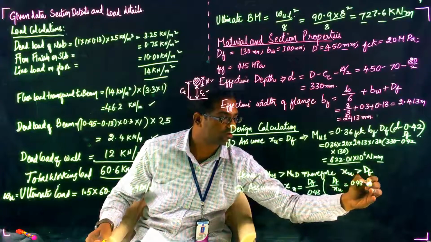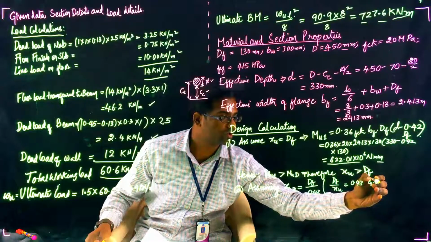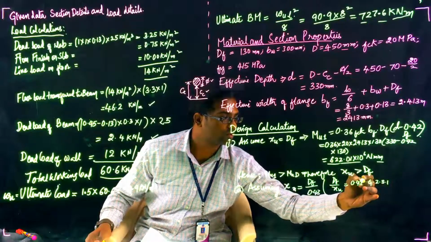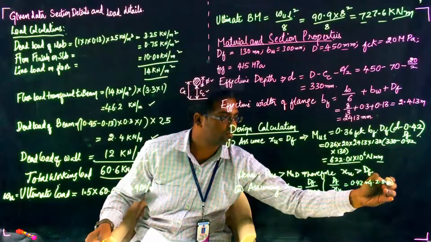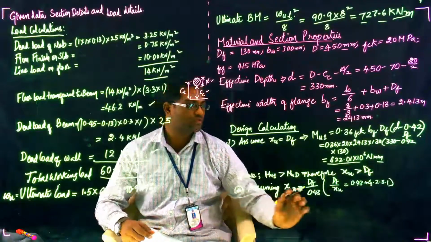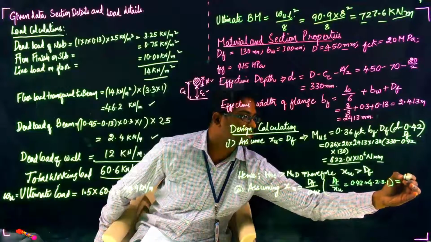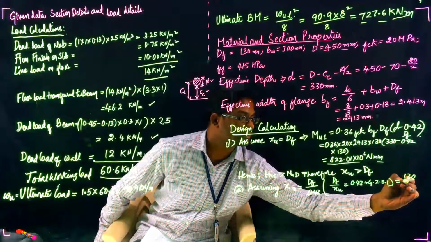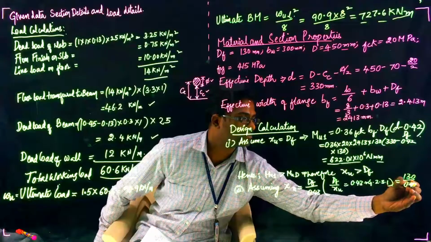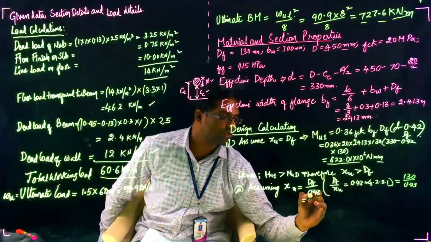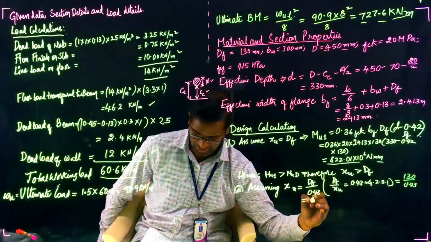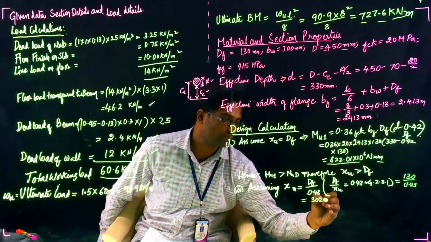That is, if you refer to clause number G.2.3.1, from there we have drawn this conclusion. So from XU when we calculate that DF value, 130 by 0.43 will give you a value of 302 mm.